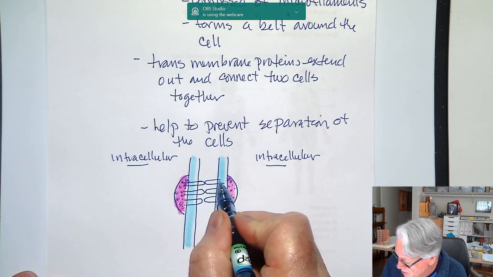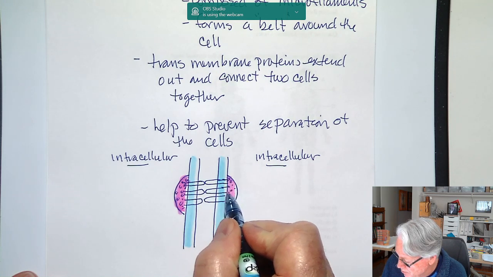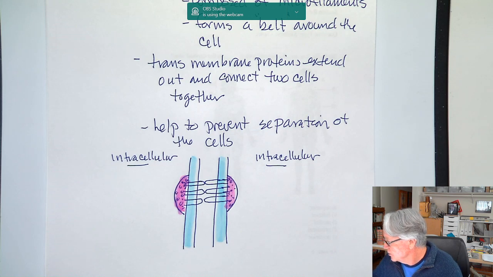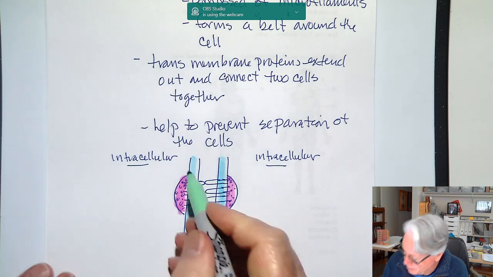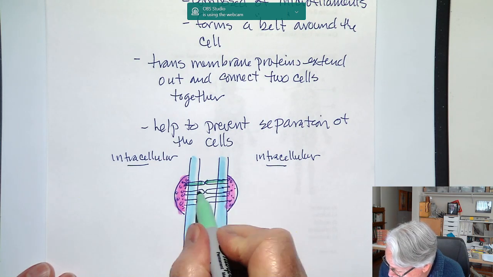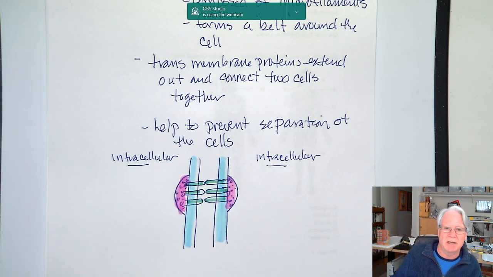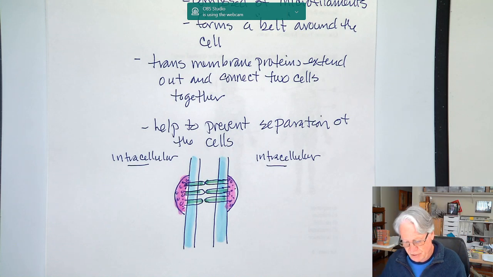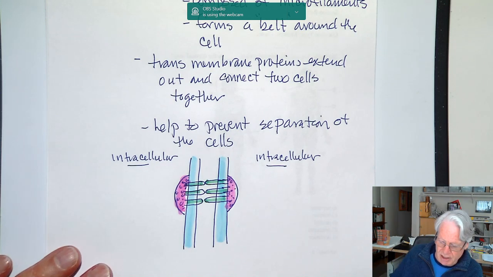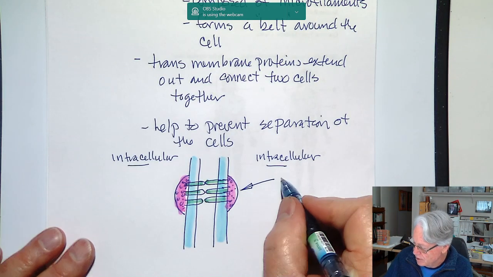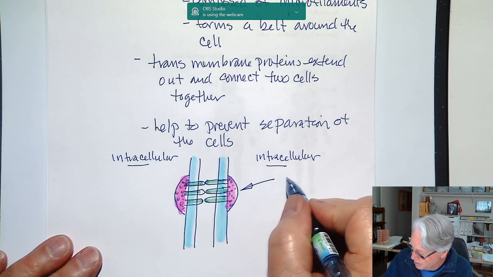So they are passing all the way through the membrane. And let's do those in green. And we're making that structure there. So we have the adhesion belt.